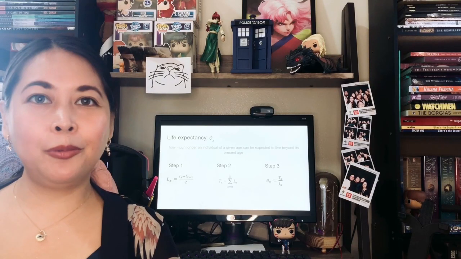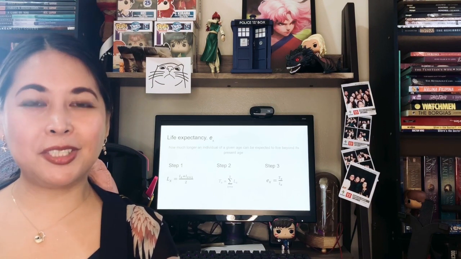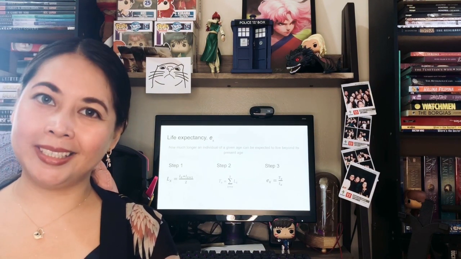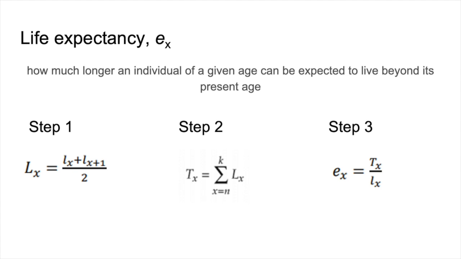The third parameter we'll be discussing is called life expectancy, or e. Life expectancy is how much longer an individual of a given age can be expected to live beyond its present age. It has 3 steps for its computation, which begins with computing capital Lx.